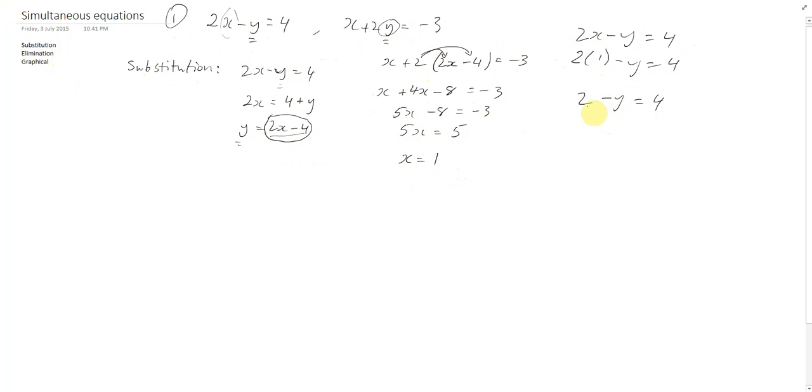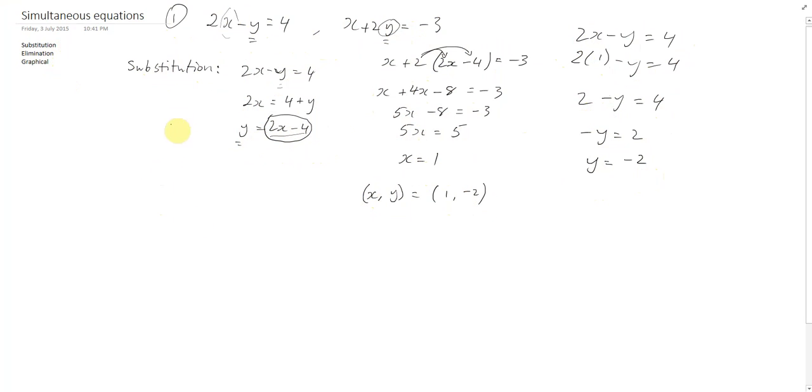So I'll take 2 away from both sides, and I'll multiply both sides by minus 1. There we go. So my final answer for x, y is 1, minus 2. x is 1, y is minus 2.